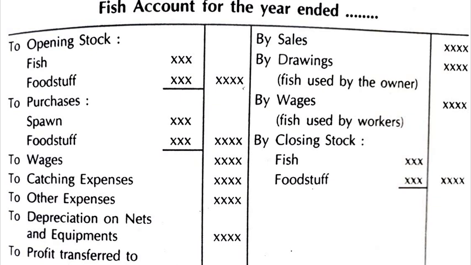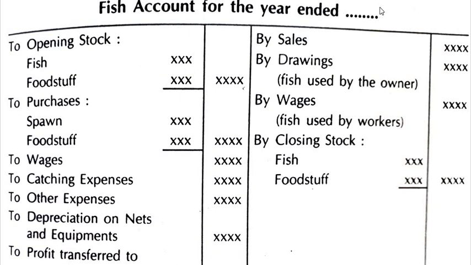To know the profit or loss from each tank or pond, or from the number of fishes that you are maintaining, based on that you can have an account prepared. So this is how, if it is piscicultural activity, you prepare the account.